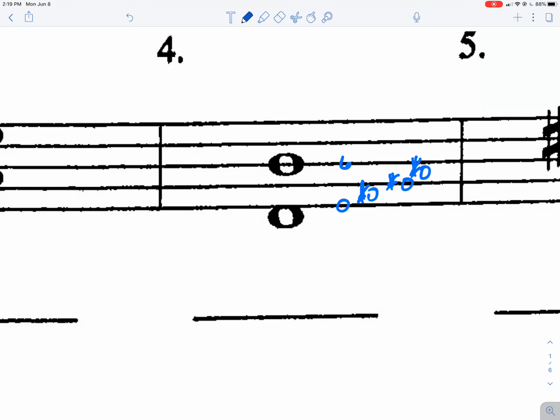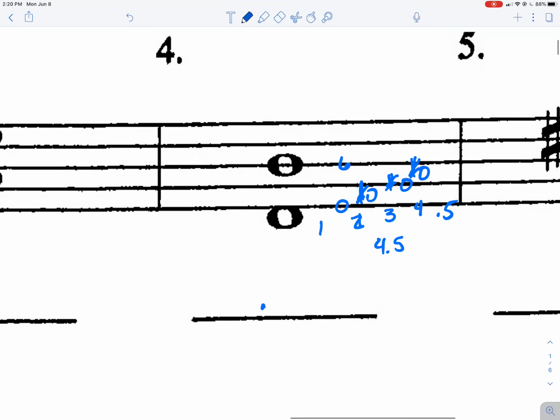G sharp to A sharp is a whole step. And A sharp to B is a half step. So we have 1, 2, 3, 4 and a half whole steps, which means, do you remember? Major sixth.